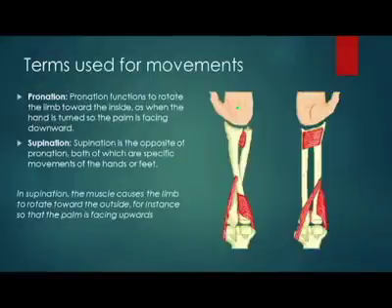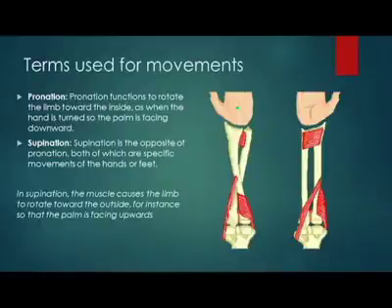Next one is pronation and supination. Pronation functions to rotate the limb toward the inside, as when the hand is turned so the palm is facing downward. That is pronation.